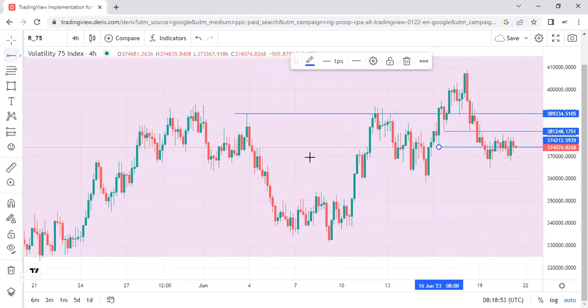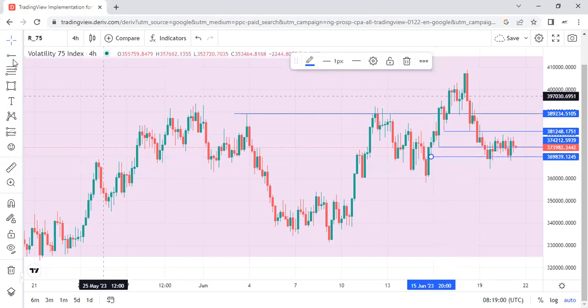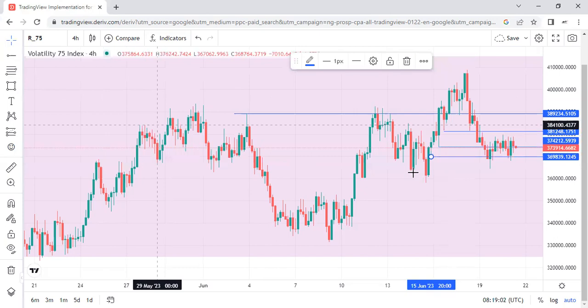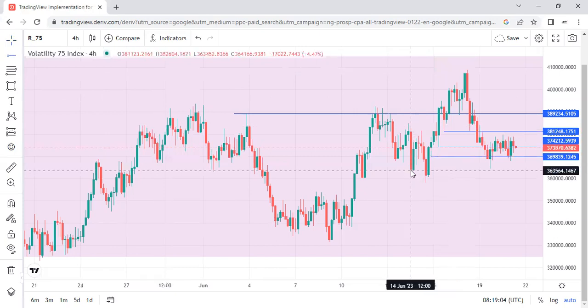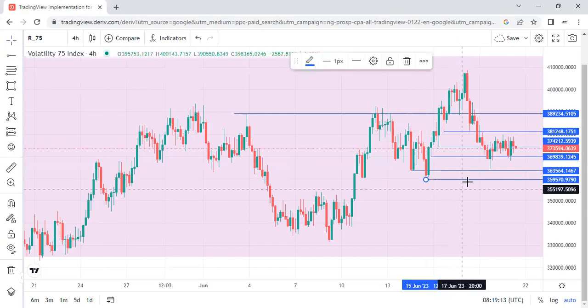There's liquidity here, equal lows and equal highs. There's liquidity here. So there's liquidity here too. So these are the places where you can find liquidity.